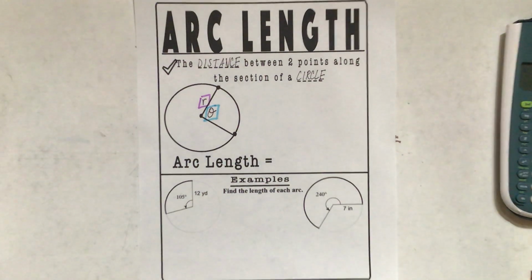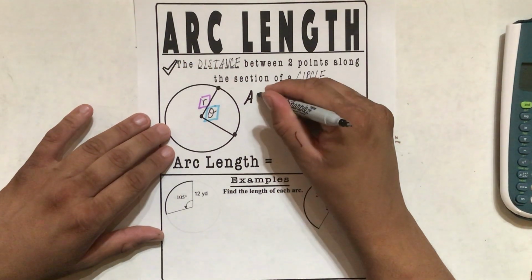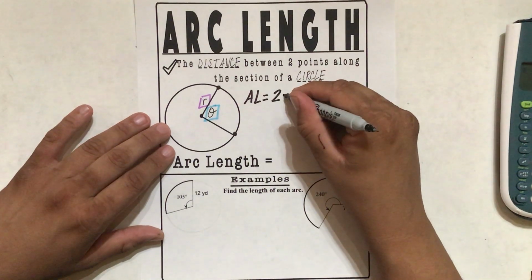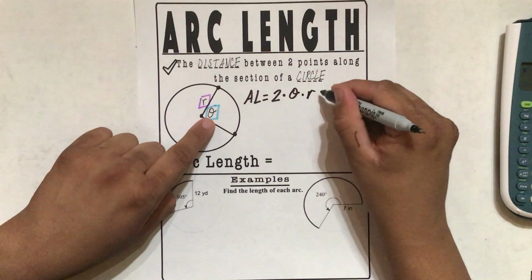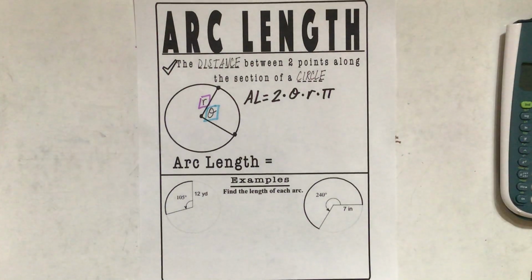So we're going to use AL for arc length. I'm going to show you that AL is equal to 2 times theta times R times pi. Pi is a number we're going to use a lot in math.